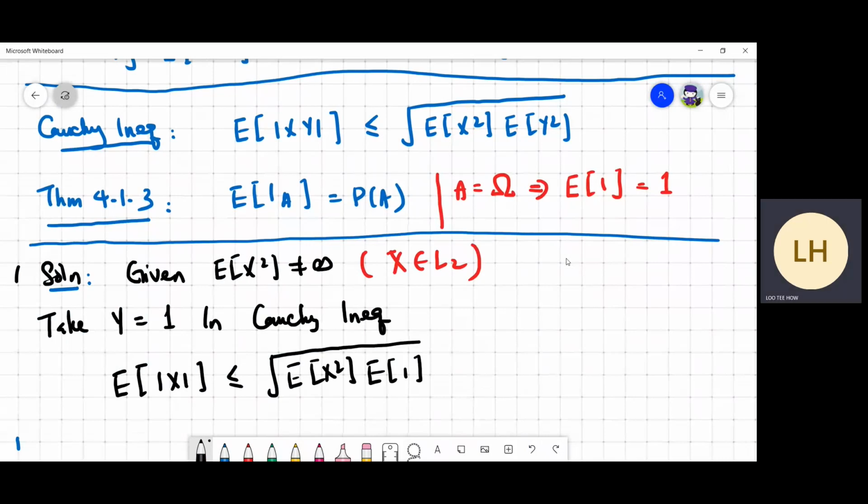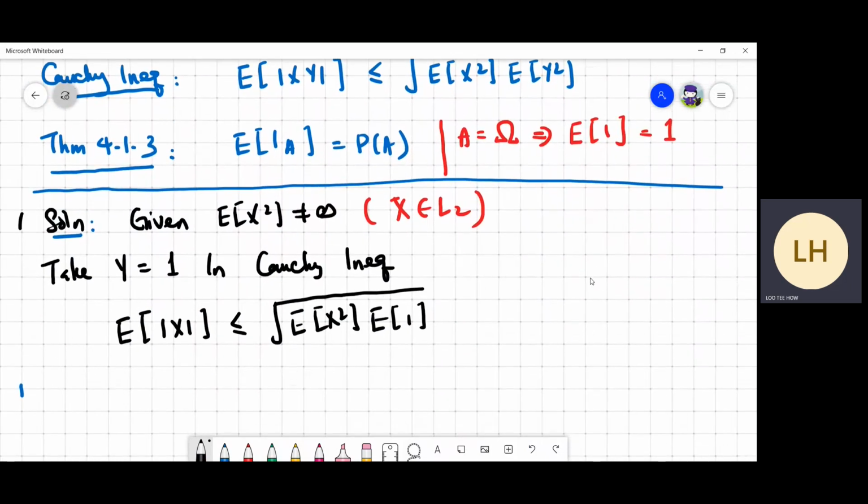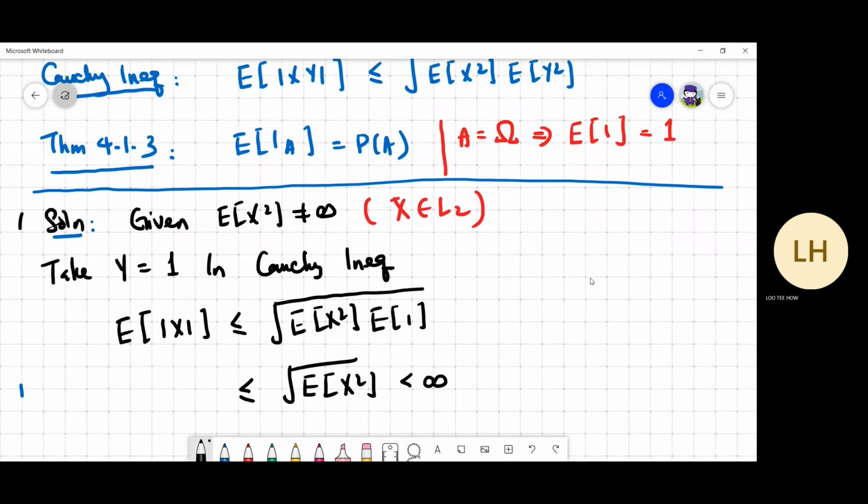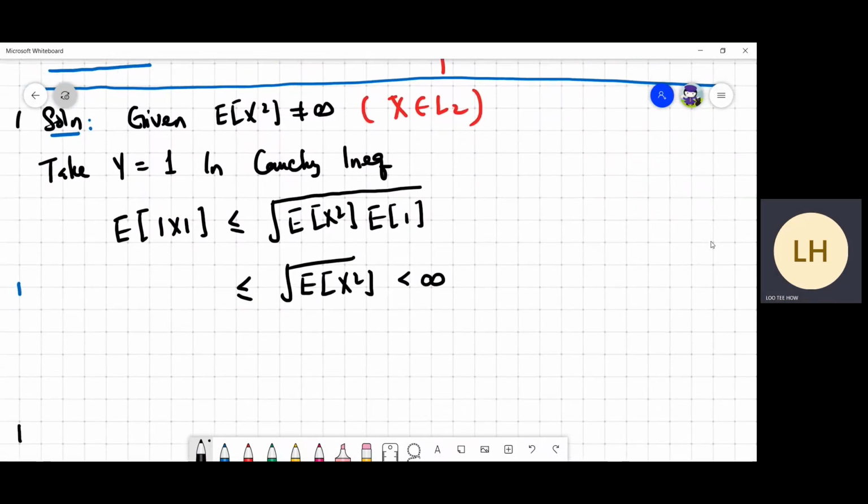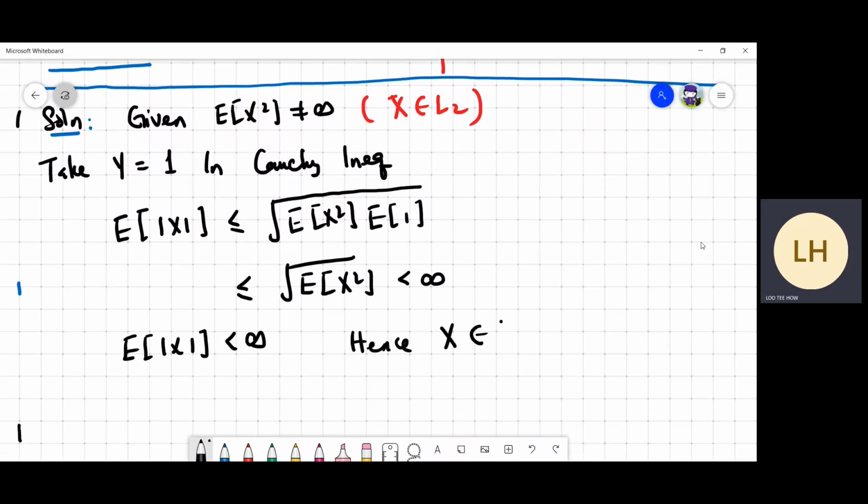Like I said, E of 1 must be equal to 1, so this is less than or equal to the square root of E of x squared. Because this is less than infinity, E of modulus of x will be less than infinity. This simply means that x belongs to L1.